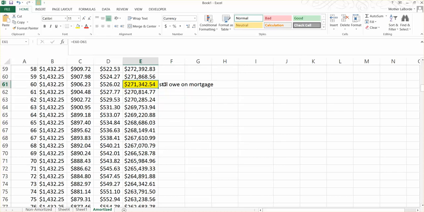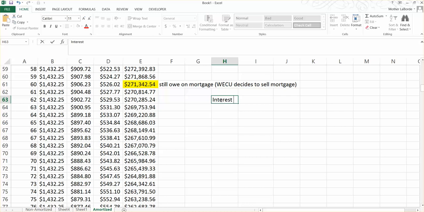So we still owe this much money on the mortgage, and the lender, let's say it's Whatcom Educational Credit Union, decides to sell the mortgage. But let's say a big issue is that interest rates have risen to, I'll just say 7%.